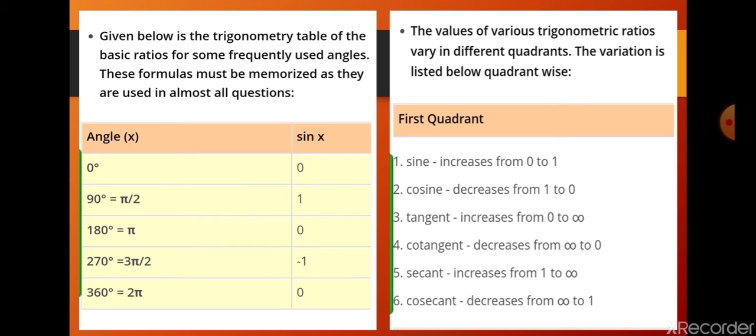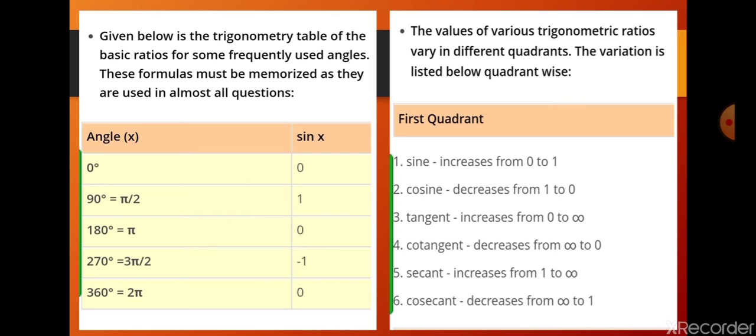For 90 degree, in radians it's pi by 2, the value of sin x is 1. 180 degree, which is pi, the value of sin x is 0. The angle 270 degree, which is 3 pi by 2, the value of sin x is minus 1. The angle 360 is 2 pi and the value of sin x is 0.